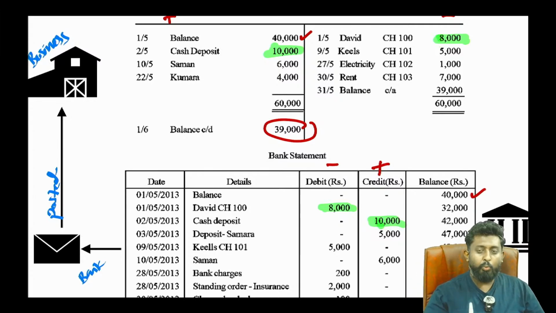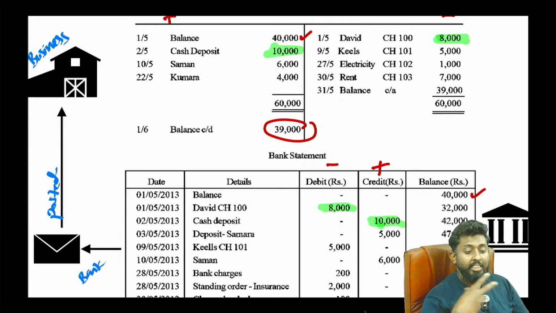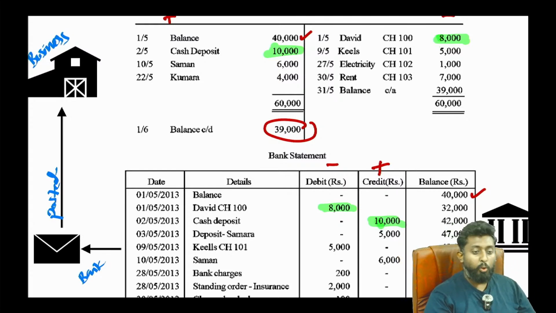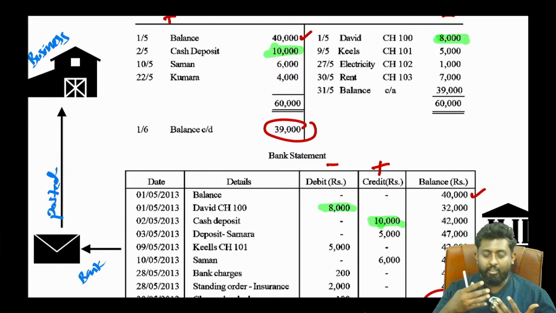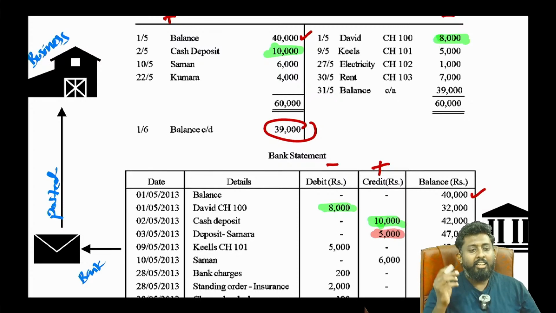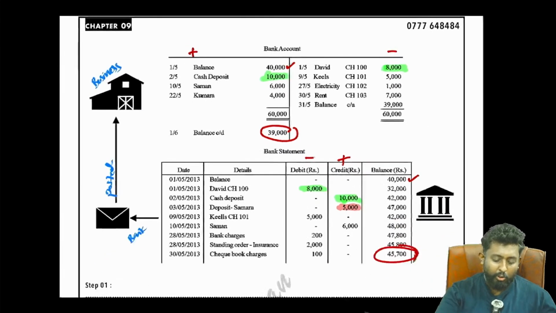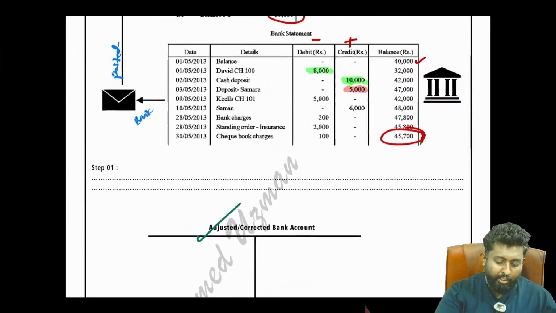What is the possible reason? It's a direct deposit. We have not added it, so that 39,000 balance is incorrect. So I'm going to highlight that in red. Red means it is not available in the bank account.